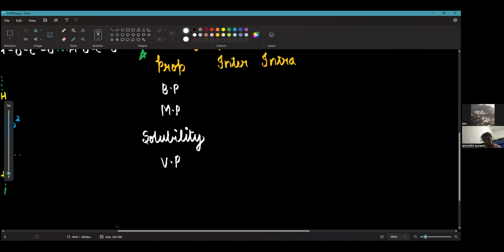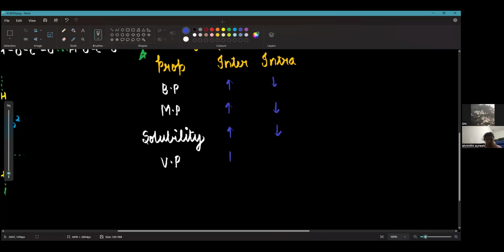So now they say that due to intermolecular hydrogen bonding, the boiling point increases. Due to intramolecular, it decreases. Okay. Melting point also increases in inter, in intra it decreases. Solubility increases in inter, due to intra, it decreases.